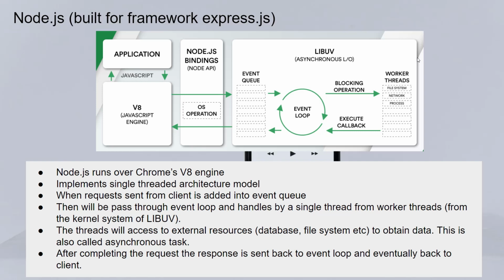When a request sent from a client is added into the event queue, it will be passed through the event loop and handled by a single thread from the worker threads. The thread will access external resources like a database or file system to obtain data. This is also called a synchronized task. After completing the request, the response is sent back to the event loop and eventually back to the clients.